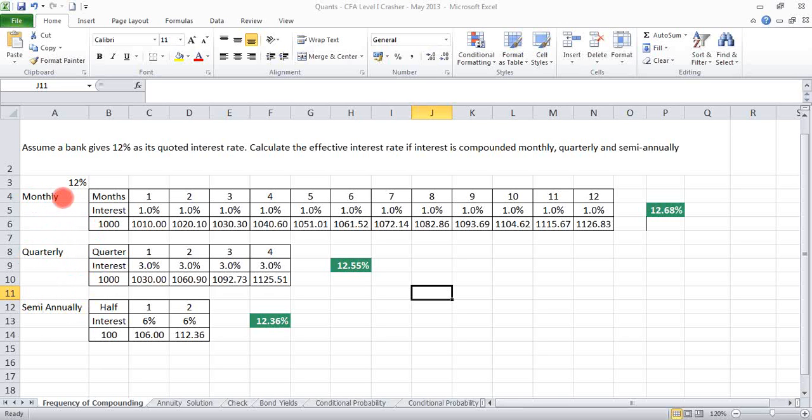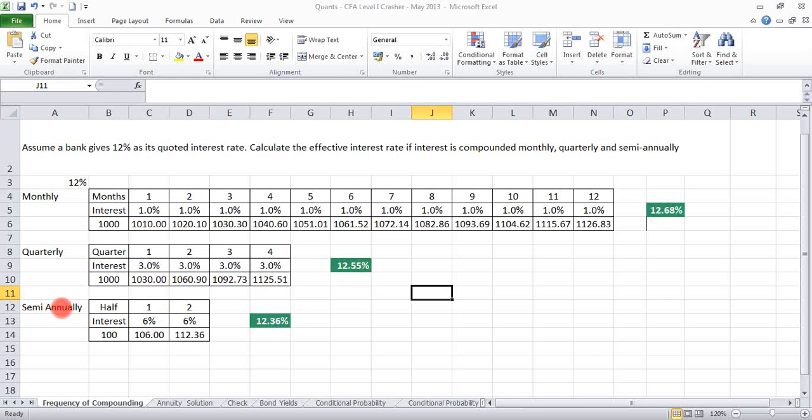In the case of monthly numbers, we just have to take the stated annual rate or the quoted annual rate divided by 12 and assume that interest gets compounded on a monthly basis to give us the final return. If it is quarterly compounding, then effectively we have to divide this stated annual rate by 4 periods, because there are 4 quarters in a year, and compound the rate based on that, which gives me 12.55%.